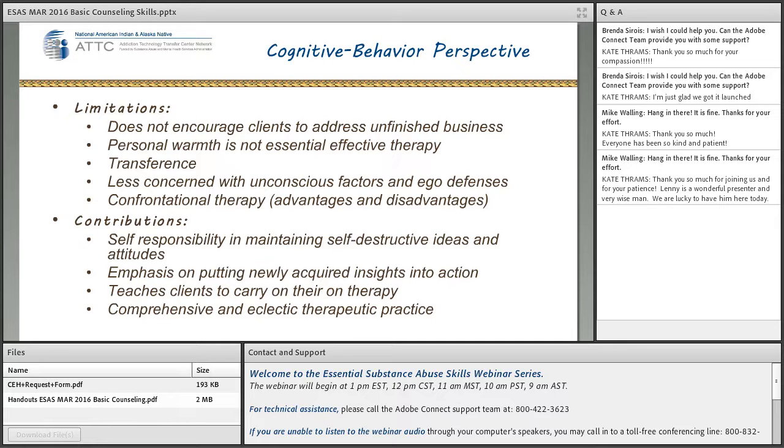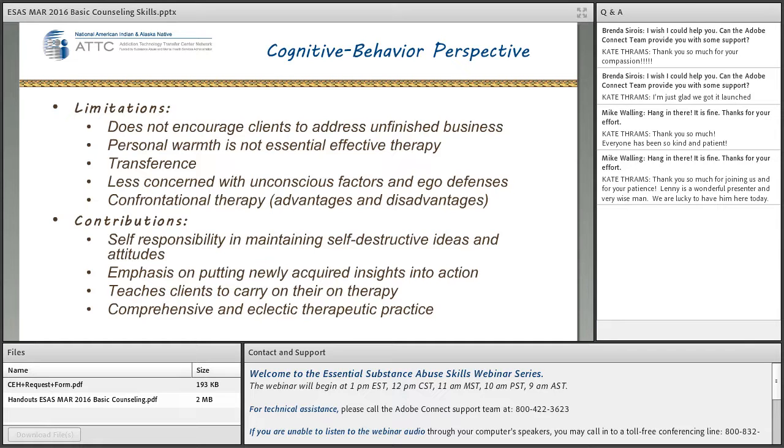Personal warmth is not essential. For effective therapy, we have to be aware of transference, with less concern for unconscious factors and ego defenses. It can often be a confrontational therapy. There are advantages and disadvantages.